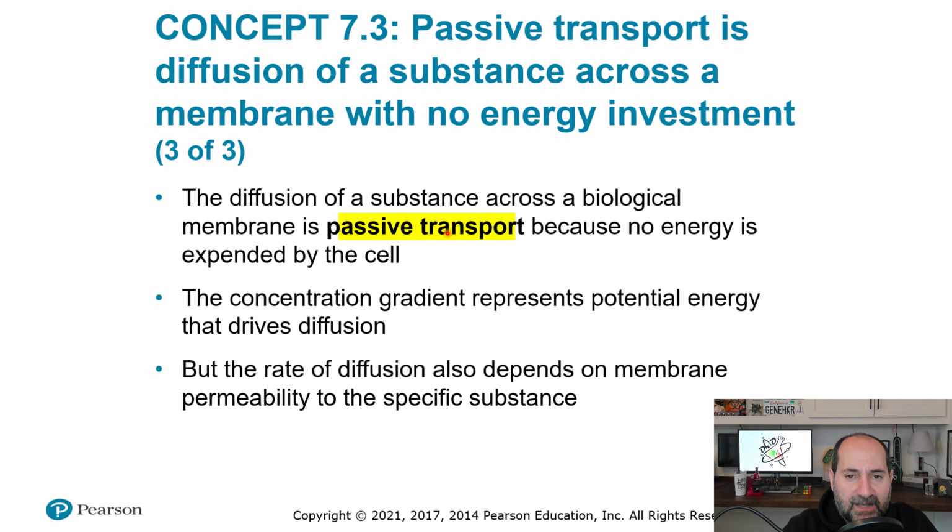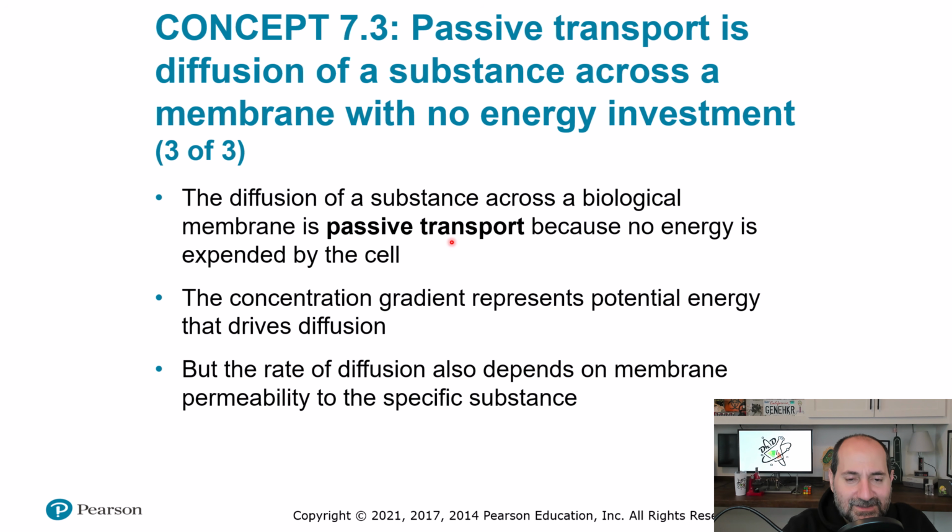Remember the term passive transport? This simply means diffusion of a substance across a biological membrane. No energy is required. In fact, energy is released because passive transport is exergonic or negative delta G.